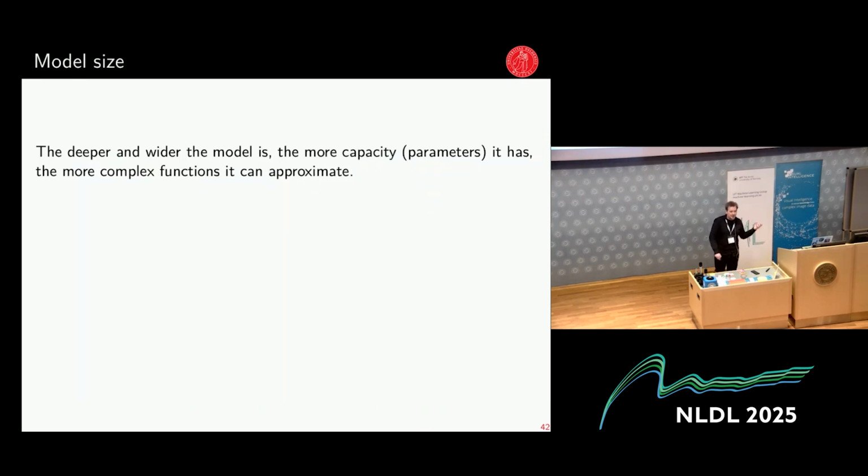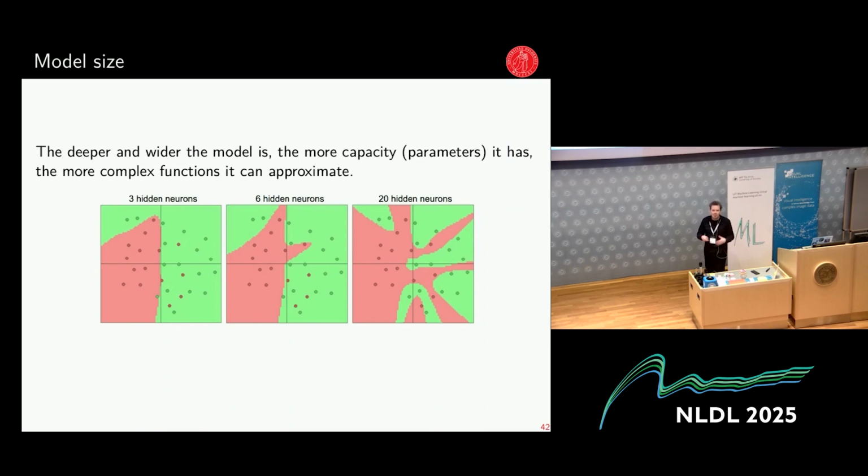So the deeper and the wider the model is, the more parameters it has, the more complex functions it can approximate, the more powerful it is. And yeah, it's very easy to visualize. Like in the plot to the left, we have a model which has only 3 hidden neurons, only 3 computational units, and the decision boundary that it can define looks like that.